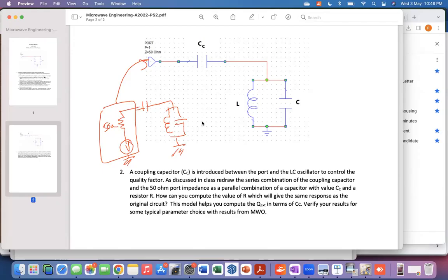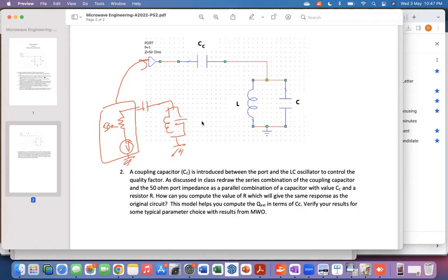Yes. Now, there are many ways of looking at it, but one simple way of understanding this is that this R is introducing the dissipation in this oscillator. So whatever energy is contained in the oscillator has to dissipate via this R. If this was directly connected to the 50 ohm, the dissipation is sort of maximal. It will extract energy a lot faster.